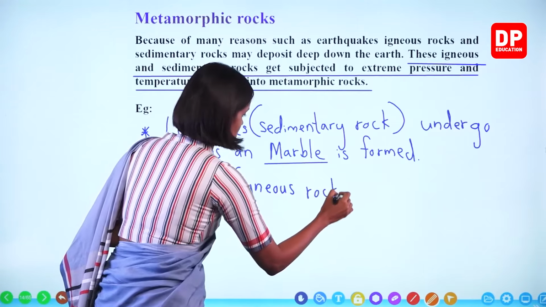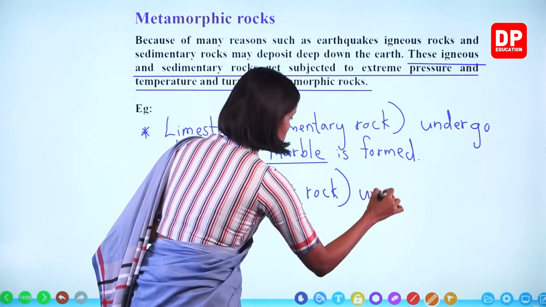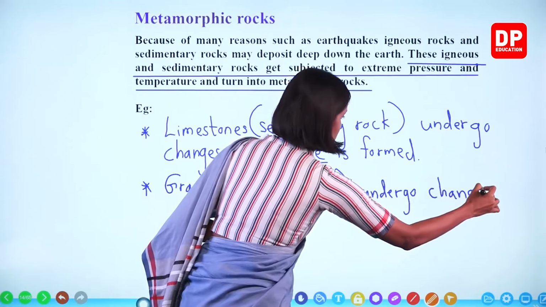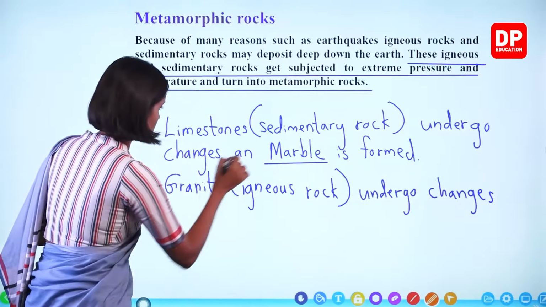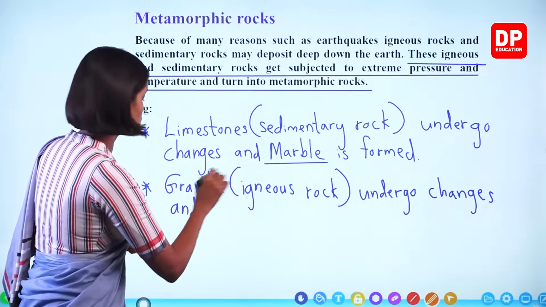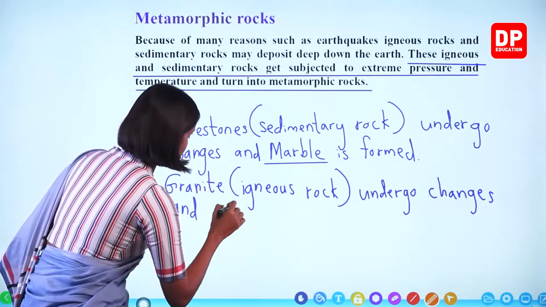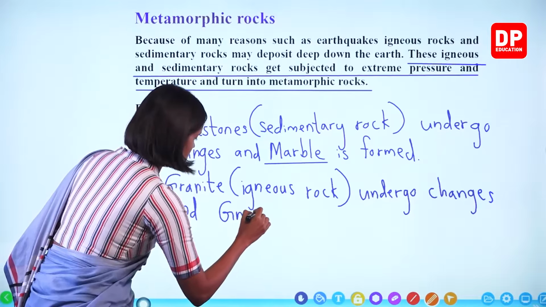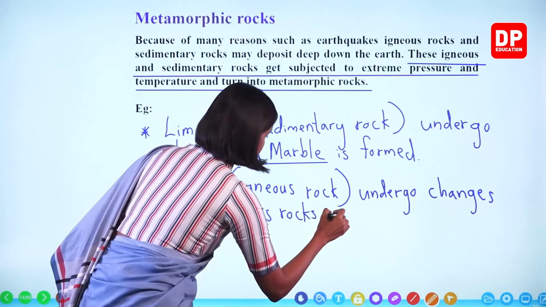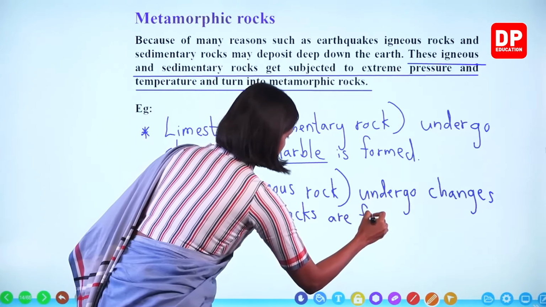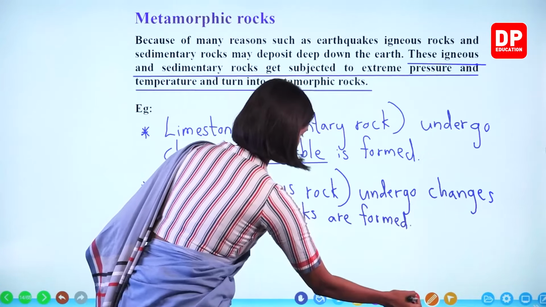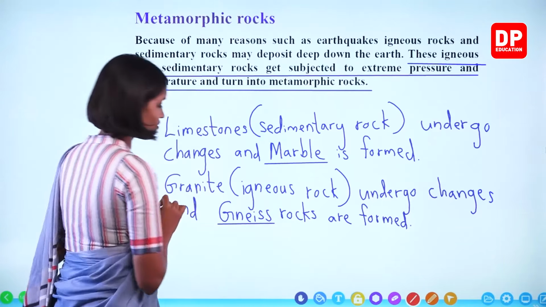Granite undergoes changes and gneiss rocks are formed. Right, children? Gneiss is a metamorphic rock.